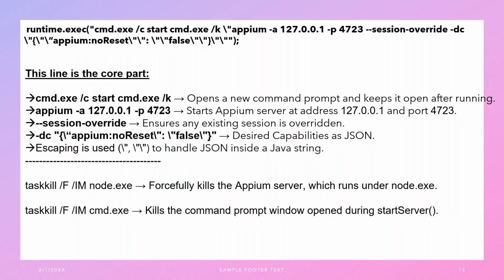Then space hyphen p. Hyphen p is the port. You can also give hyphen address or hyphen a; this is the alias, the short form. Here hyphen p is port, and 4723 is the default port of the Appium server. So we will write this command there.